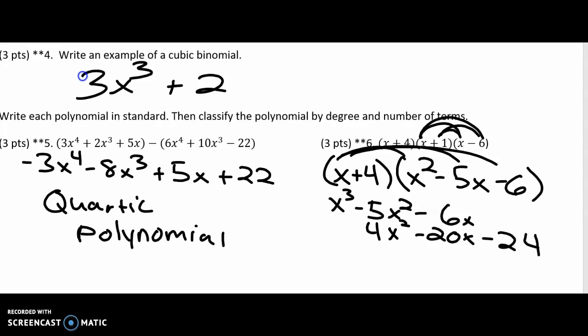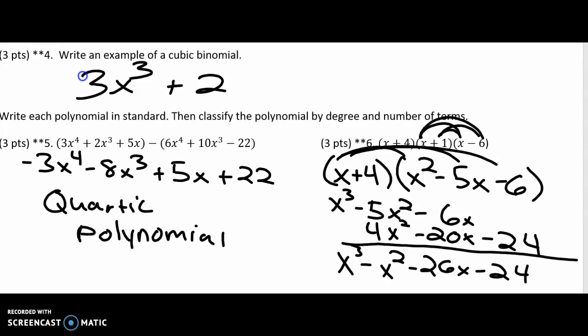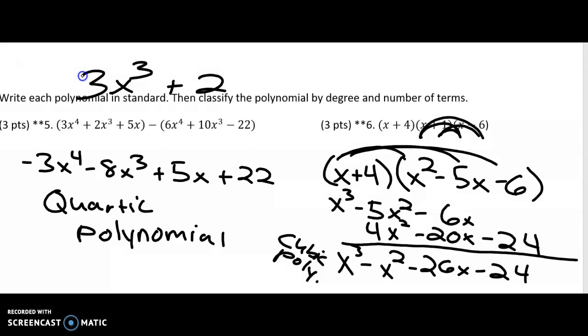Okay, I go ahead, I combine my like terms to give me my standard form here. So I have x cubed minus x squared minus 26x minus 24. Okay, I classify that. It's to the 3rd power, so that would be cubic. All right, and there's more terms, so polynomial. Okay, so there you go. There's your classifying. All right, moving on.